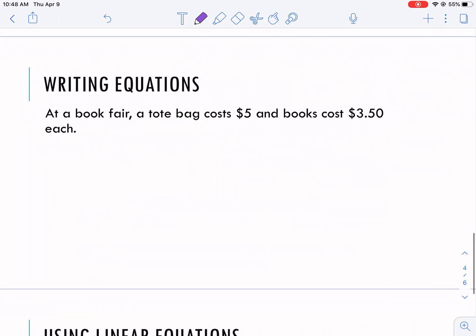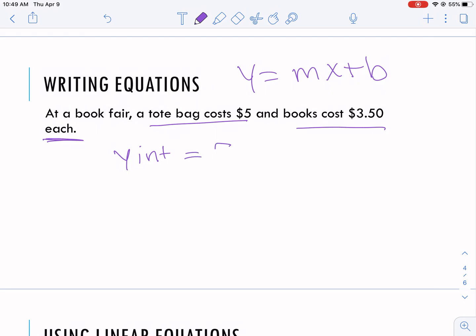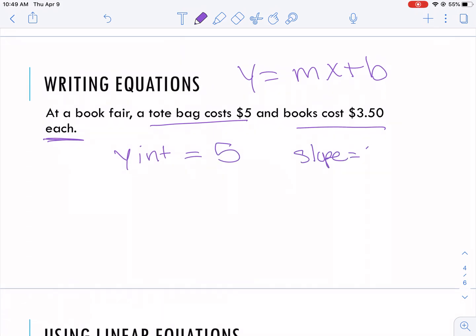We're going to do one more example with this. So at a book fair, a tote bag costs $5 and books cost $3.50 each. So if I think about y equals mx plus b, well, you buy one tote bag, so our y-intercept is 5, and our slope is the $3.50.